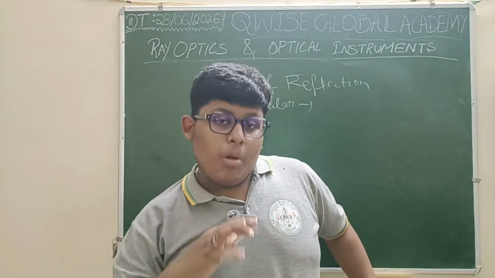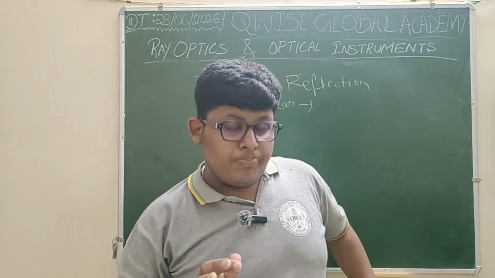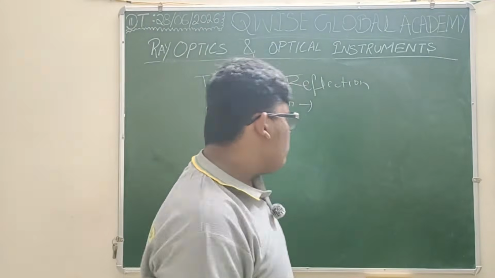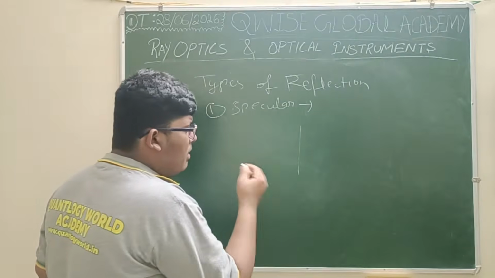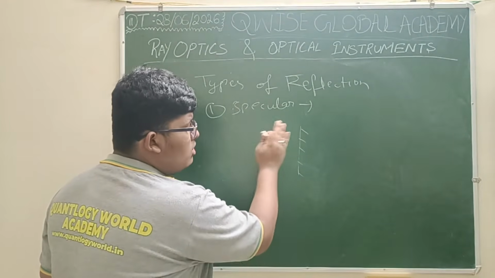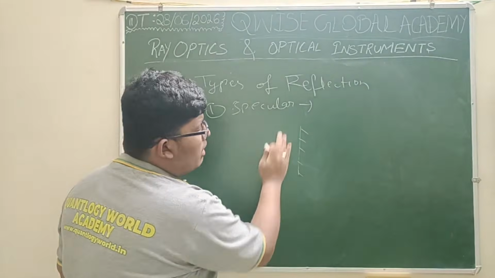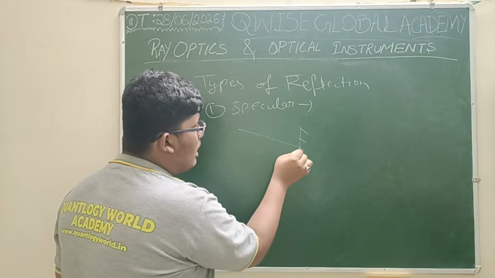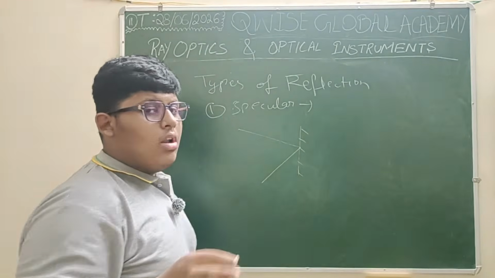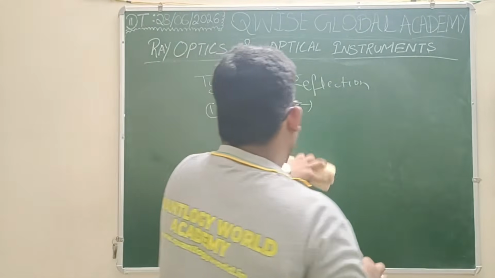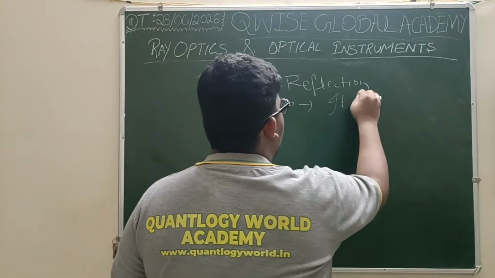That is called regular or specular reflection. Means this is a mirror. The reflecting part is properly polished or a plain surface, then light will fall and reflect in a particular manner. So this is called regular or specular reflection. It forms a clear image.